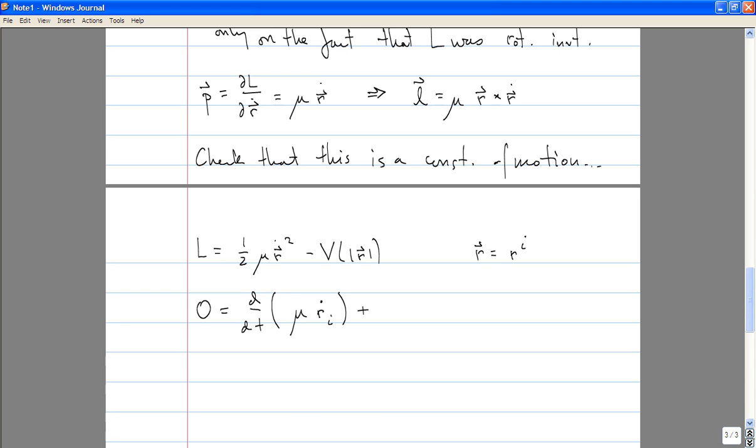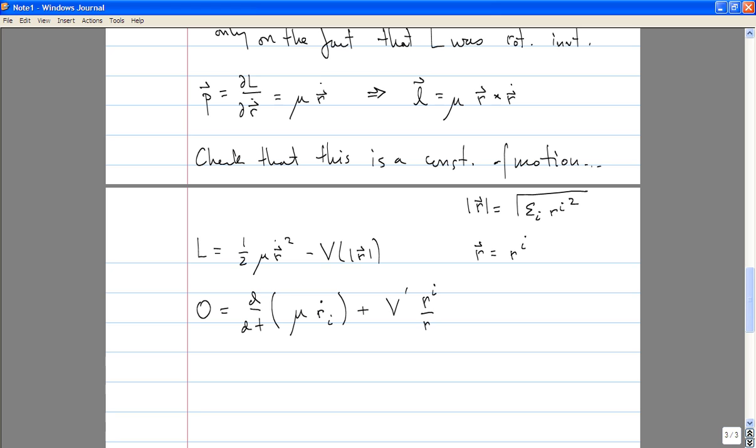So if we just remember that this norm, the length of the vector r, is the square root of the sum over i of r_i squared, right? It's just the square root of r_1 squared plus r_2 squared plus r_3 squared, or the square root of x squared plus y squared plus z squared. Then just using the chain rule, the derivative of V with respect to r_i will be equal to V prime times r_i over r.